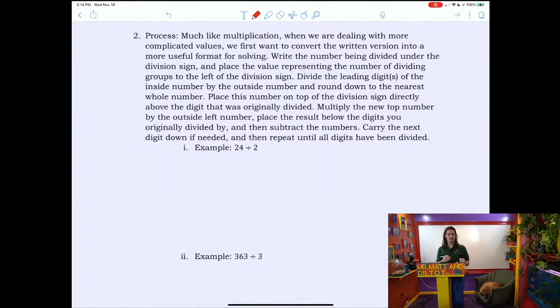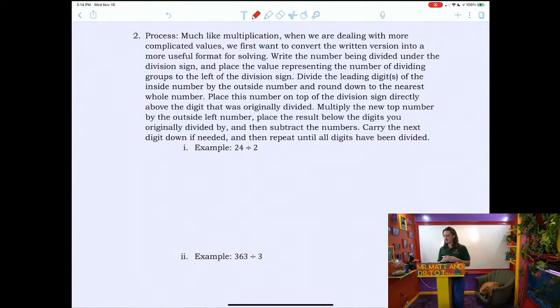But with more complicated values, there is a process, just like with multiplication, in which we can divide more complex values into each other. So, much like multiplication, when we're dealing with more complicated values, we first want to convert the written version into a more useful format for solving.